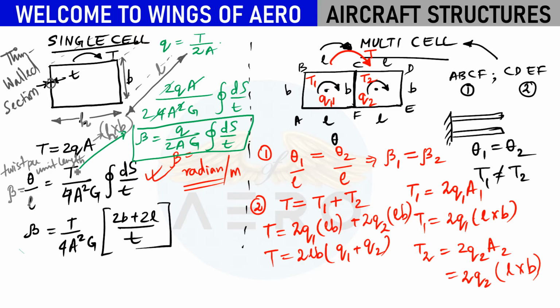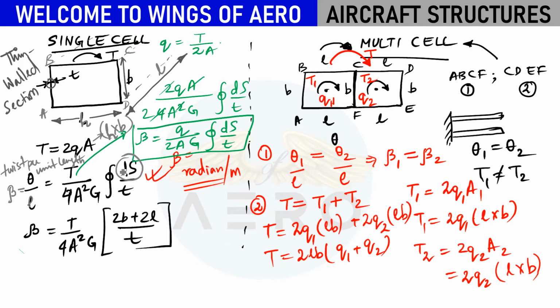Now how can we define this? It can be defined as T by 4A squared G, closed integral of ds by t. How do we find this ds by t? We have to see which kind of cell it is. If this is points A, B, C and D, ds refers to the perimeter of that particular section.